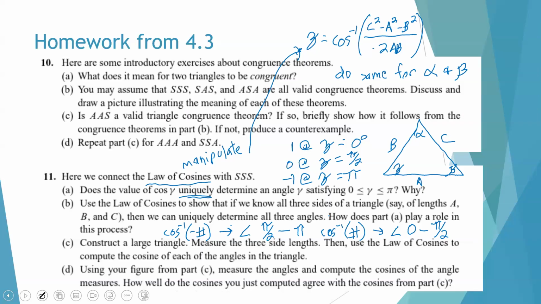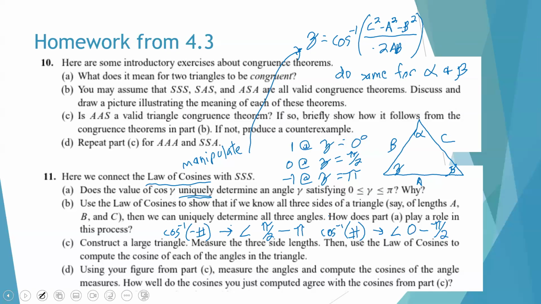Construct a large triangle. You draw one. Measure the three side lengths. So you get to use a ruler. And then use the law of cosines to compute the cosine of each of the angles in the triangle. And then use your figure from part C, measure the angles, and compute the cosine of the angle. How well does the cosine you just computed agree with the cosines from part C? How do you measure angles?